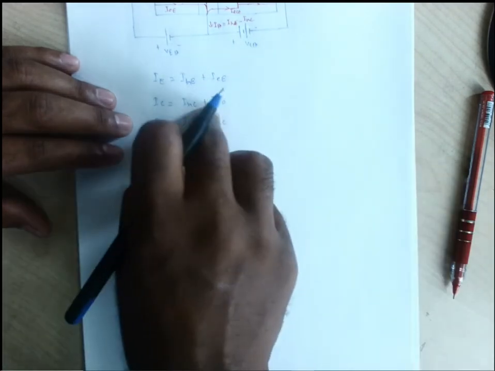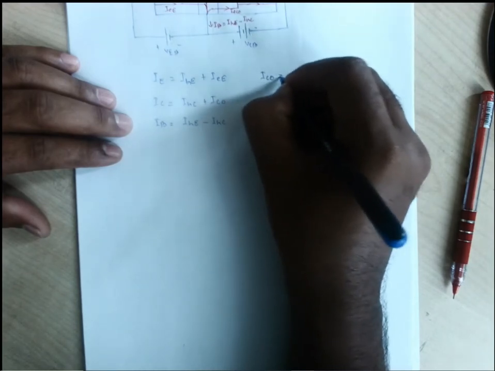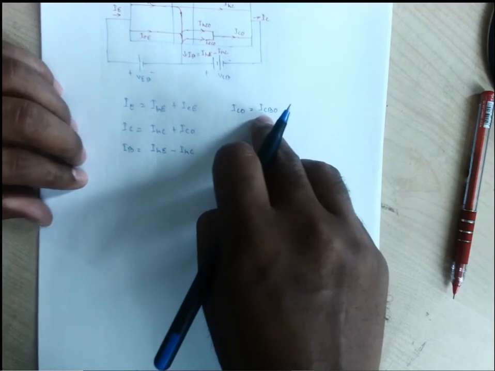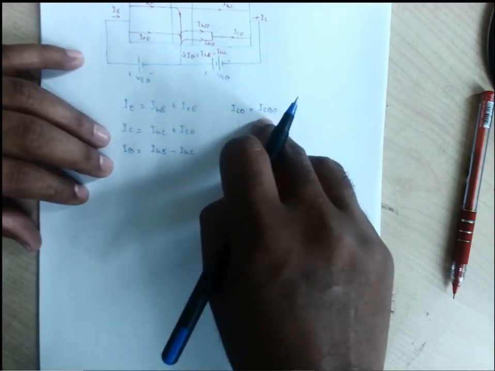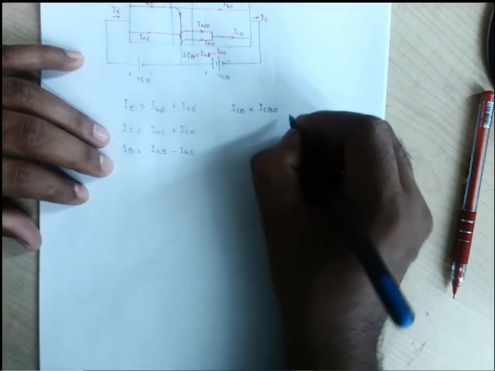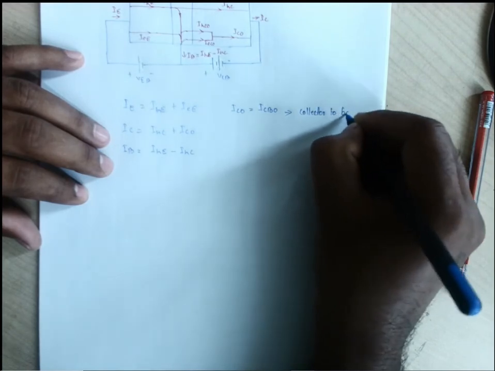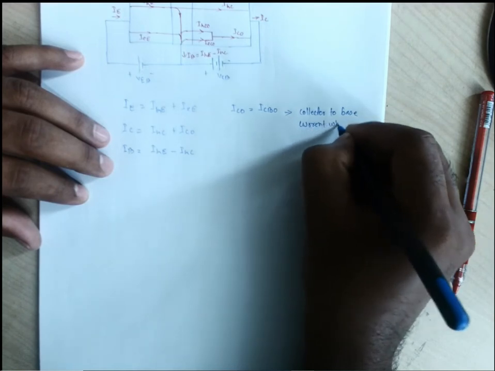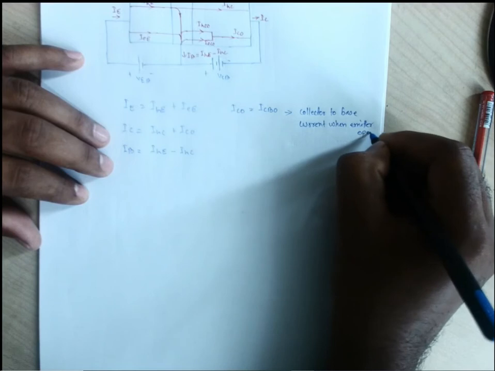So what is this ICO? ICO, also known as ICBO, is the collector current when the emitter is open. Sorry, not base. Collector to base current when the emitter is open.